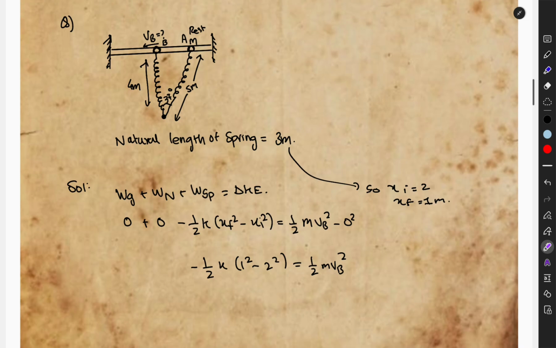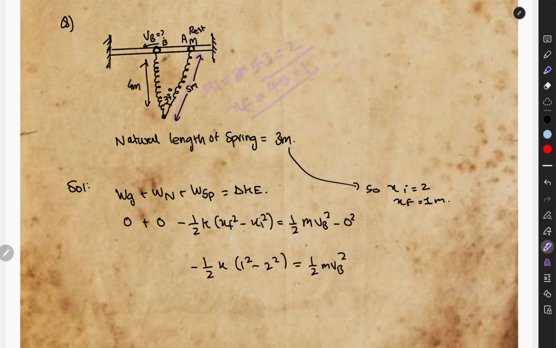There is another similar type of question where this point is fixed and an object is there here, and it is going to move in this direction. When it moves, we need to find the final velocity, where all these conditions are given: 4 meter, 5 meter, 37 degrees. The natural length is given as 3 meter, which means initially the compression is 5 minus 3, which is 2 meters, and finally the compression is 4 minus 3, which is 1 meter.